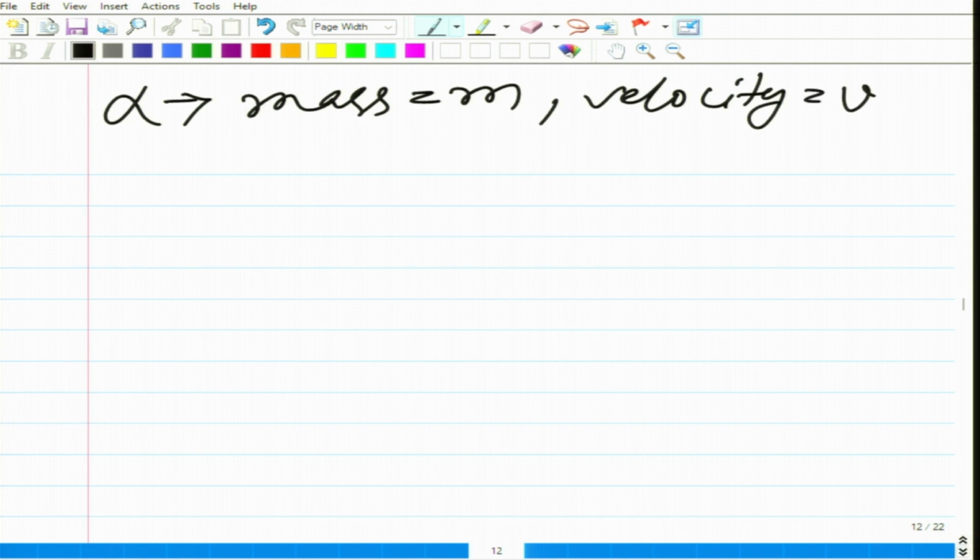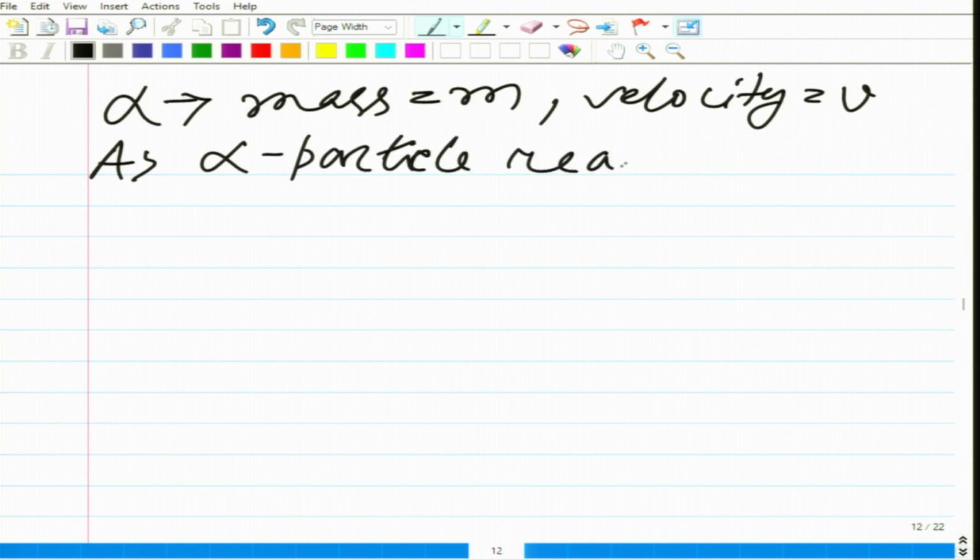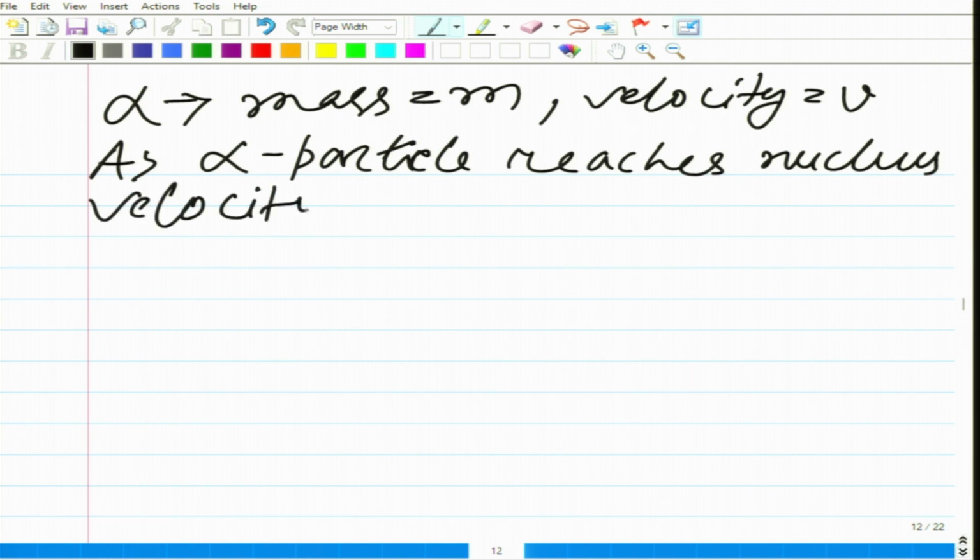As the alpha particle reaches the nucleus, its velocity decreases.